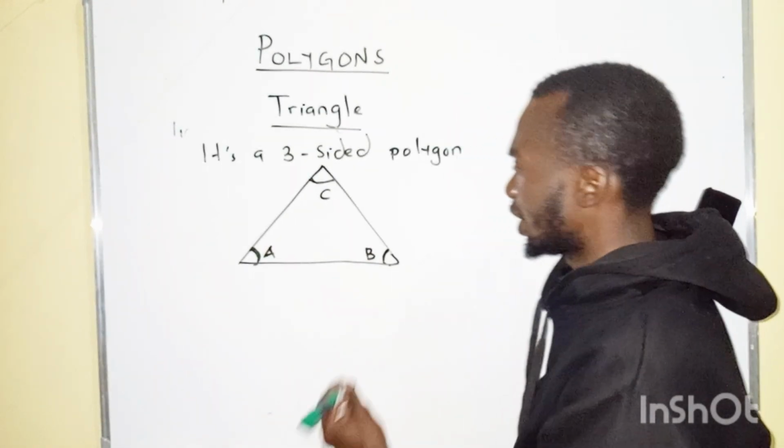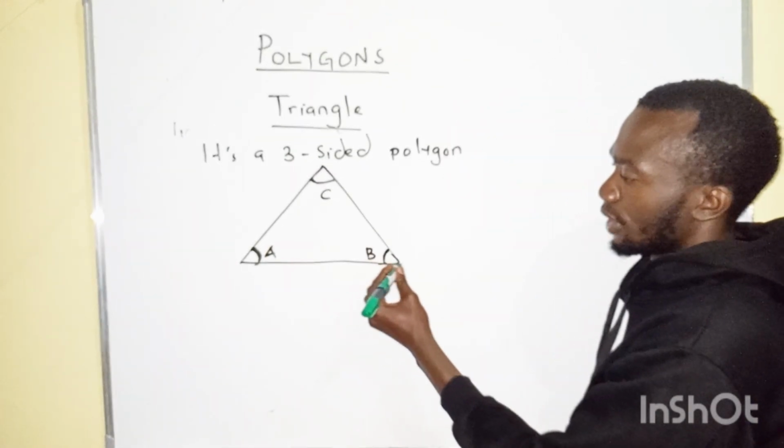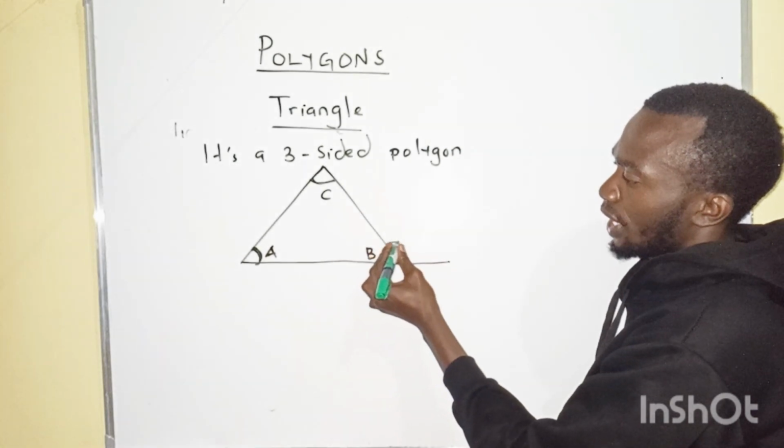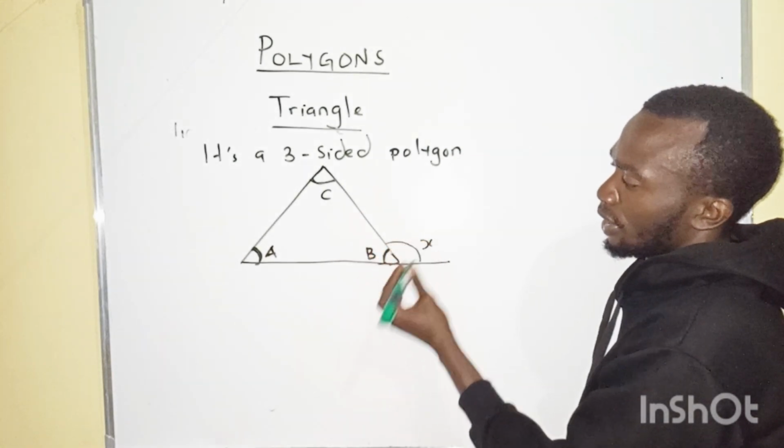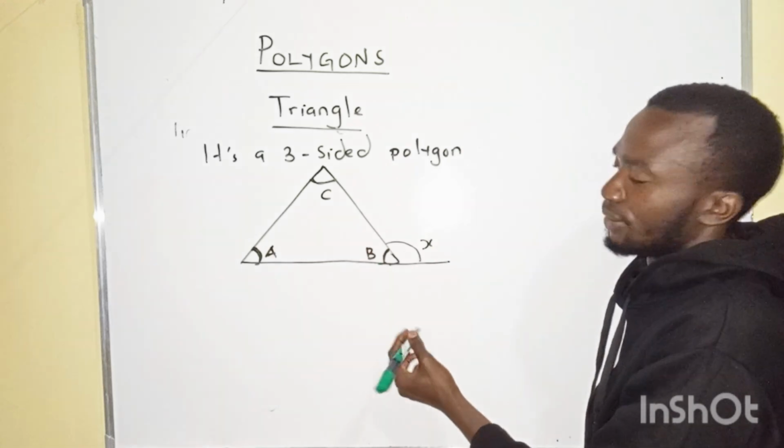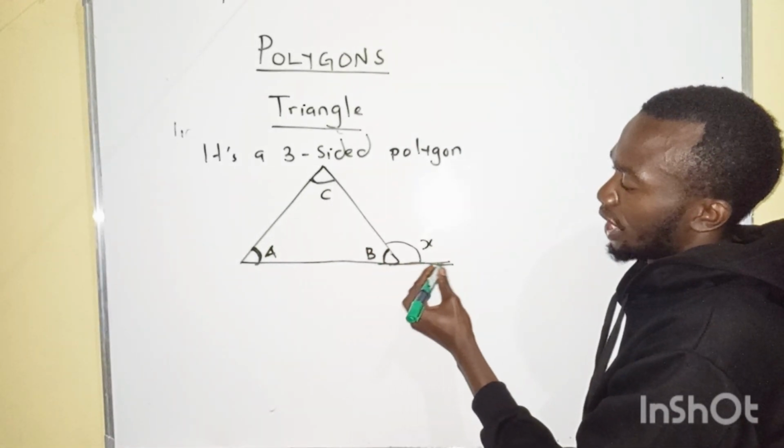Now, suppose we extend this line, and we call this angle X. The angle that is adjacent to B, we call it X, within this straight line.